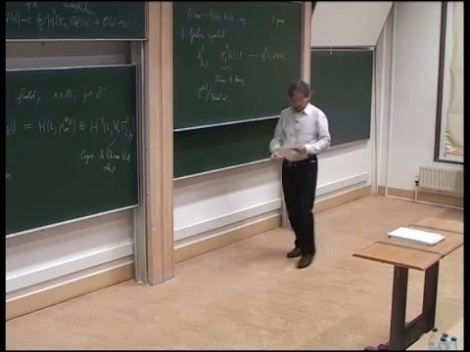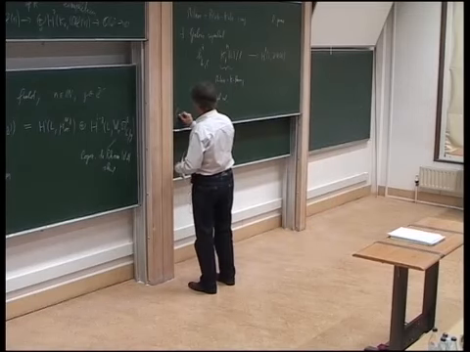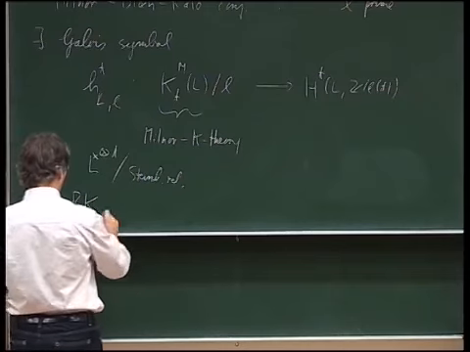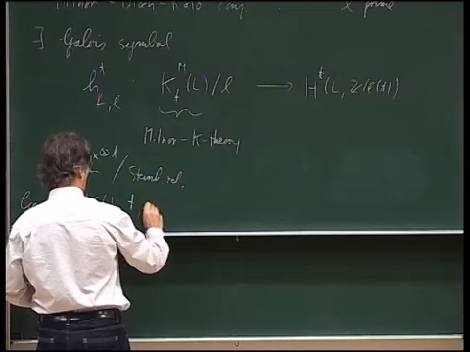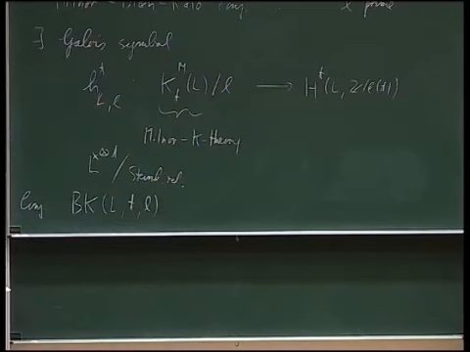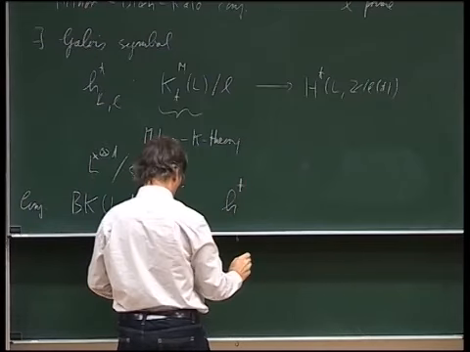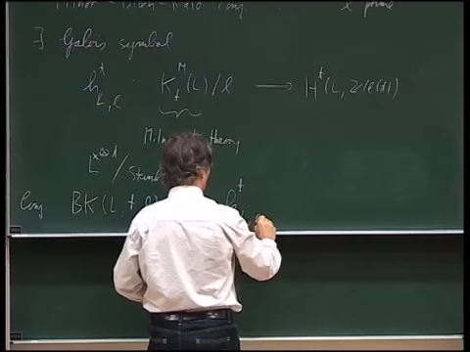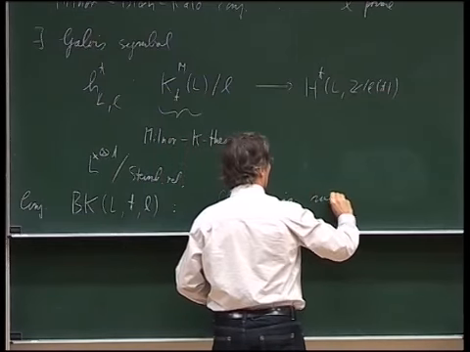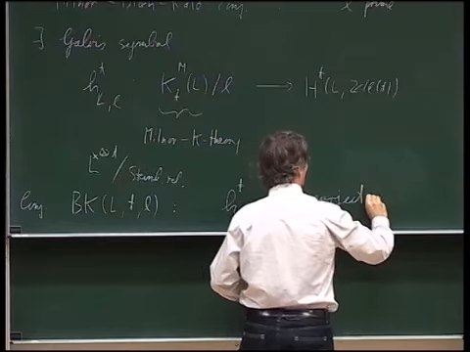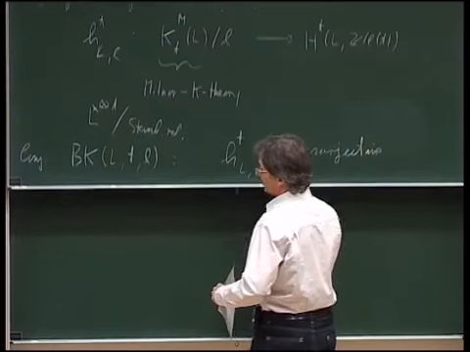So the Bloch-Kato conjecture for L, t, and this prime L, is that this is surjective. Okay, what is the status of this conjecture?